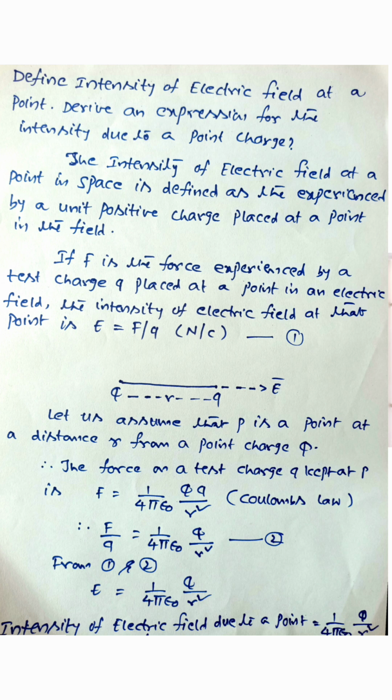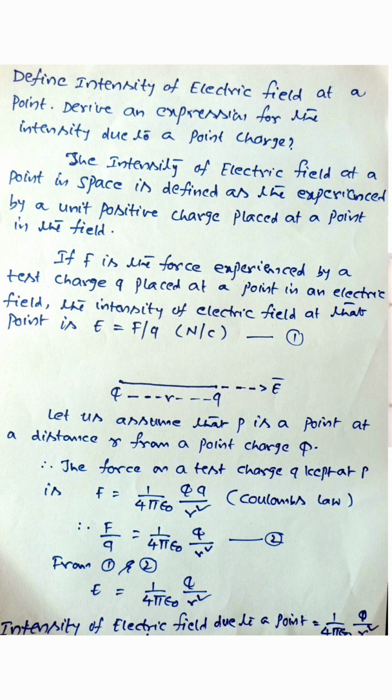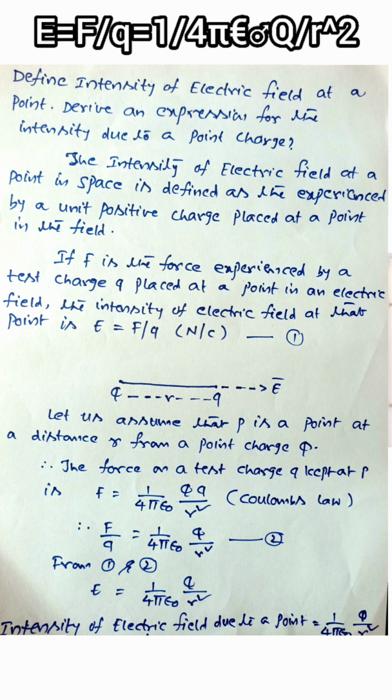Here let small q be the test charge which is brought near to a point charge Q. Let us assume that P is a point at a distance small r from the point charge Q. According to Coulomb's law, we can calculate the force between these two charges, capital Q and small q.